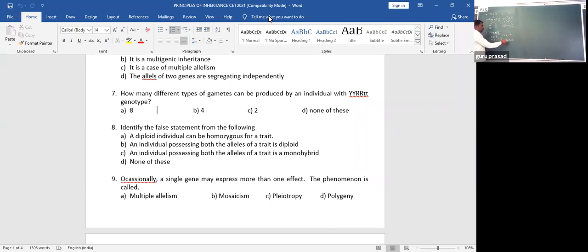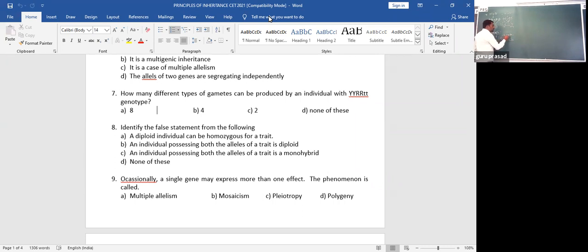If you keep on taking the dividing formation of gametes, that is meiosis, more work has to be done. For that, a very simplified trick is here. The formula is here to calculate the number of gametes depending upon the number of heterozygous in the genotype.